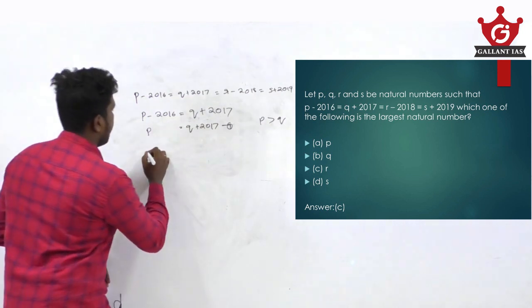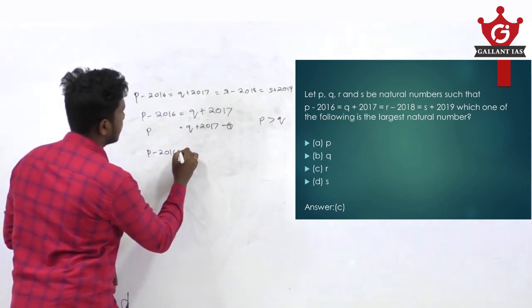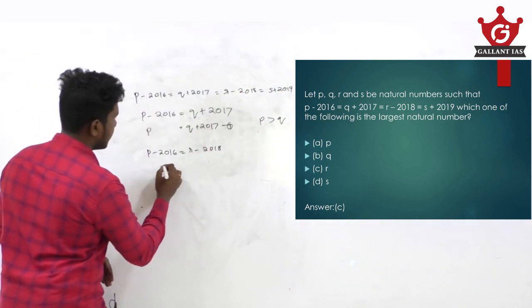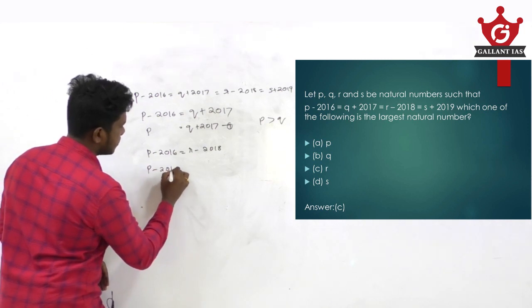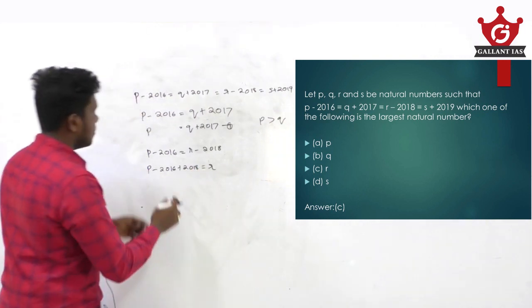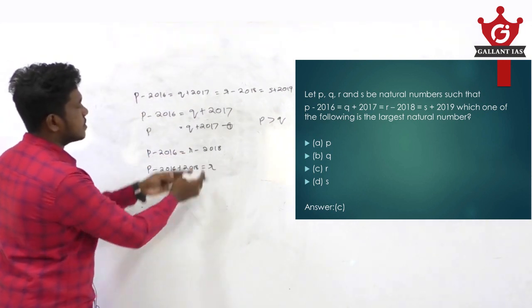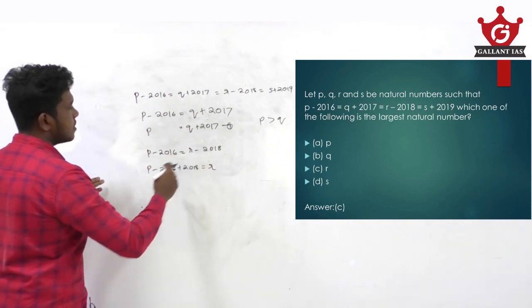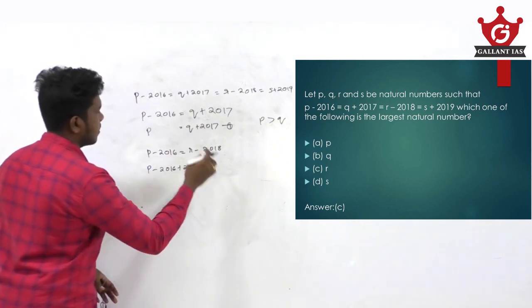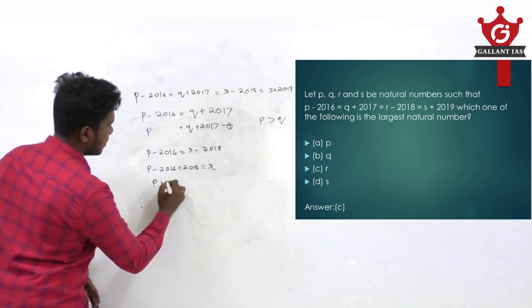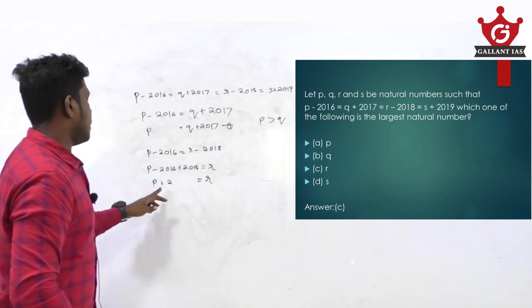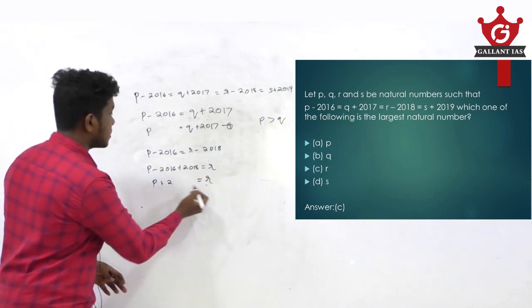Now look here, P minus 2016 is equal to R minus 2018. From this we can say that P minus 2016 plus 2018 is equal to R. This 2018 coming to the LHS will turn positive. So P plus 2 is equal to R. That means R is greater than P, right?